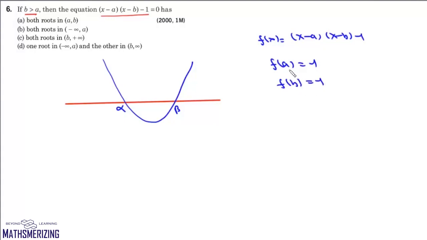Now since both at a and b this function takes a negative value, that means this point a must lie here, and b should lie here. That means this alpha should be less than a, and beta should be greater than b. So the answer should be one root in minus infinity to a and the other in b to infinity, and that's your option D.